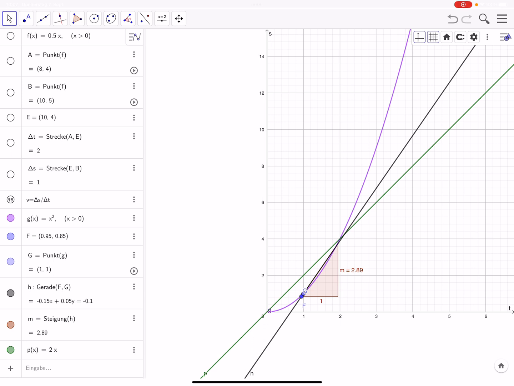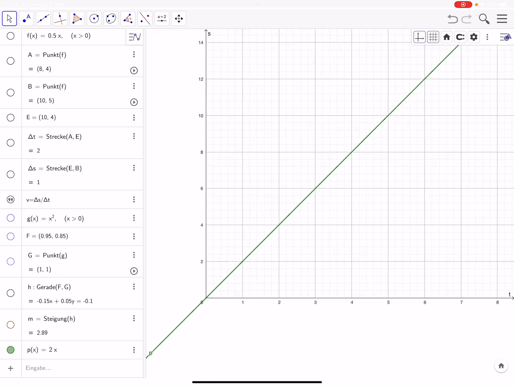In that case, of course, we would have to change the y-axis from s to v, because then it's velocity that we look at when we have the green graph. Let's just take away that. And that is the last formula here in the script that we look at.